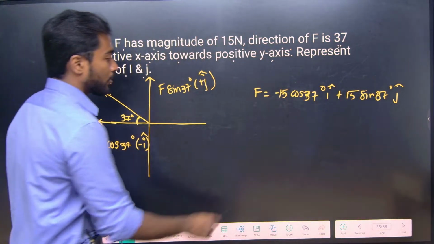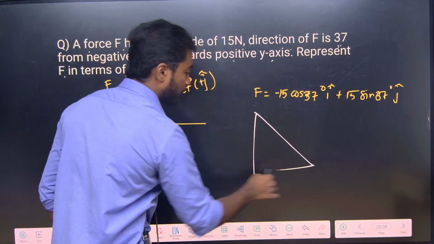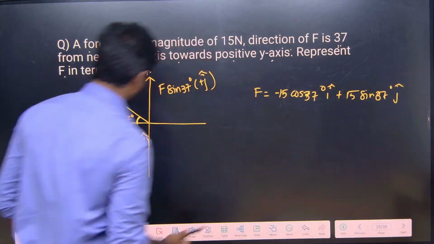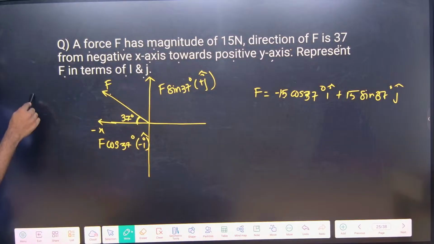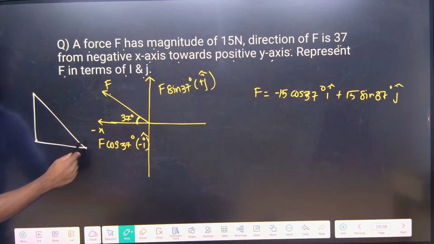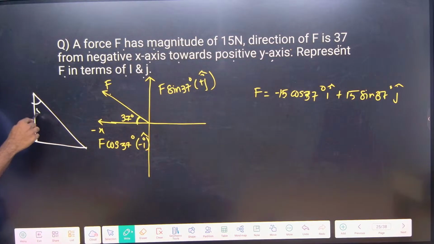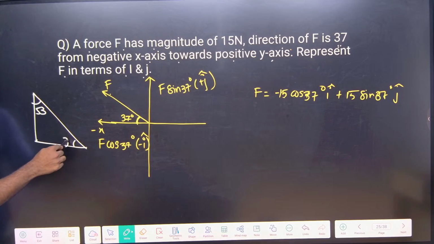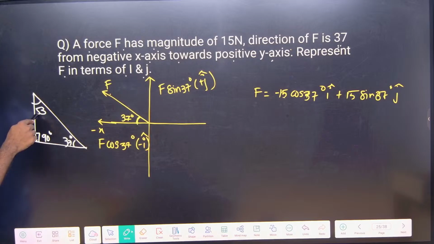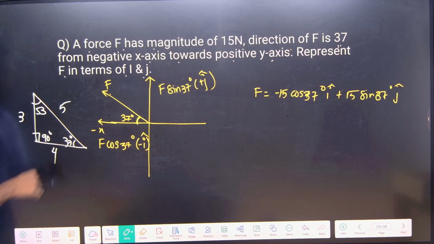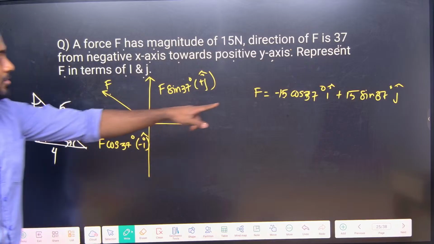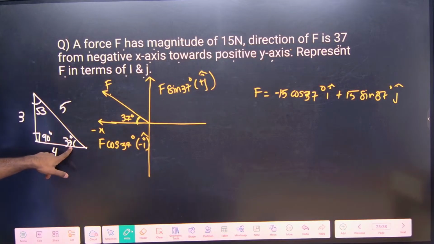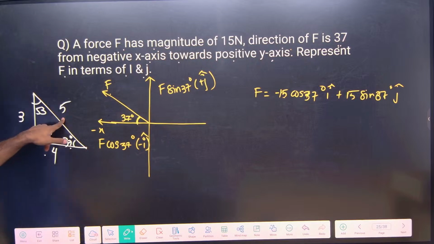Now the thing is the 3, 4, 5 triangle. I will take it here. 53 and 37, and this is my 90 degree. Which is more? 5 is more, so keep it as the hypotenuse. This is 3 and this is 4. So cos 37 means adjacent by hypotenuse.